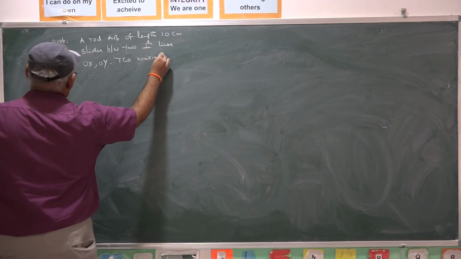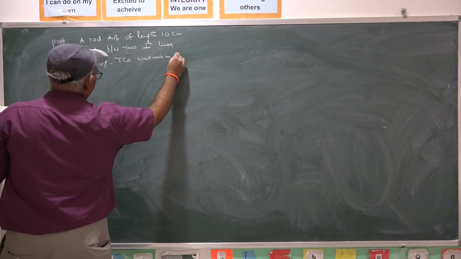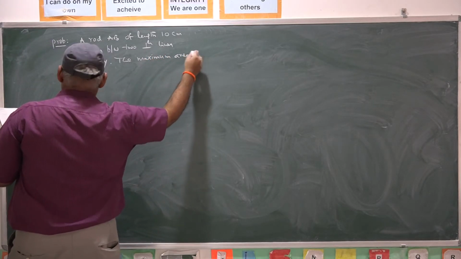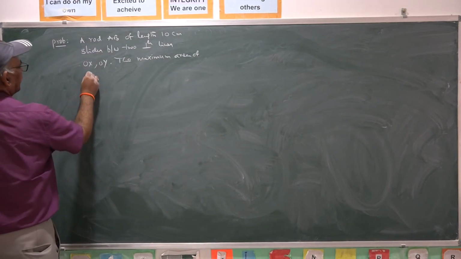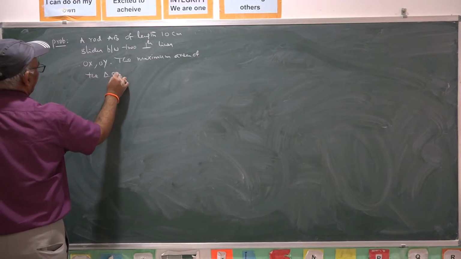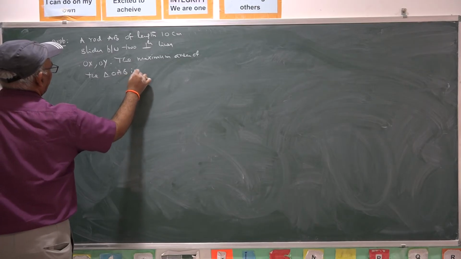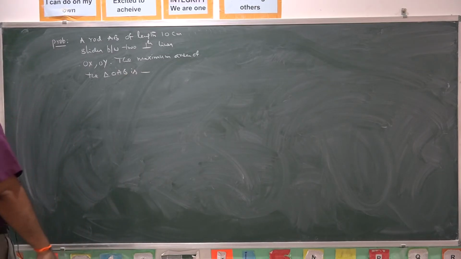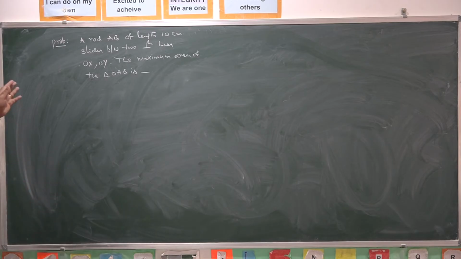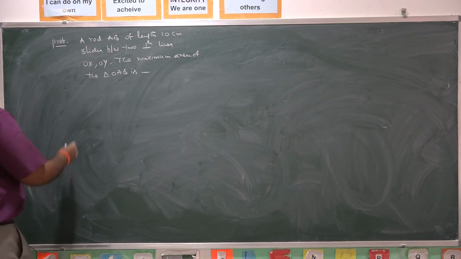The maximum area of the triangle OAB is? A rod AB of length 10 centimeters slides between two perpendicular axes OX, OY. The maximum area of triangle OAB is?